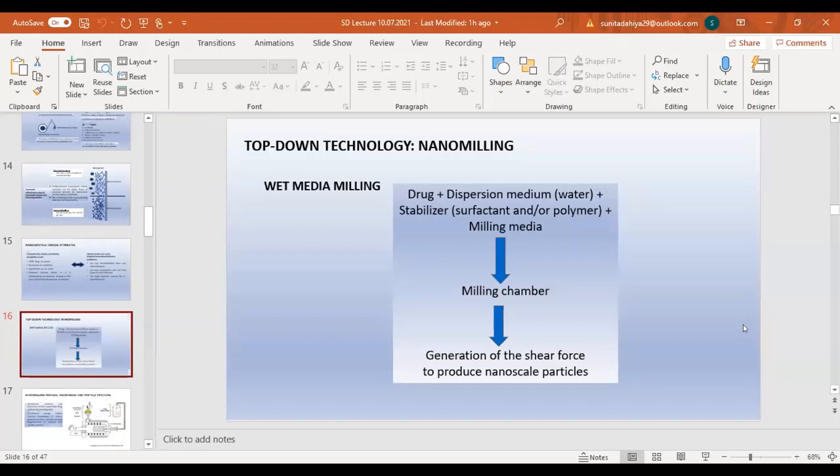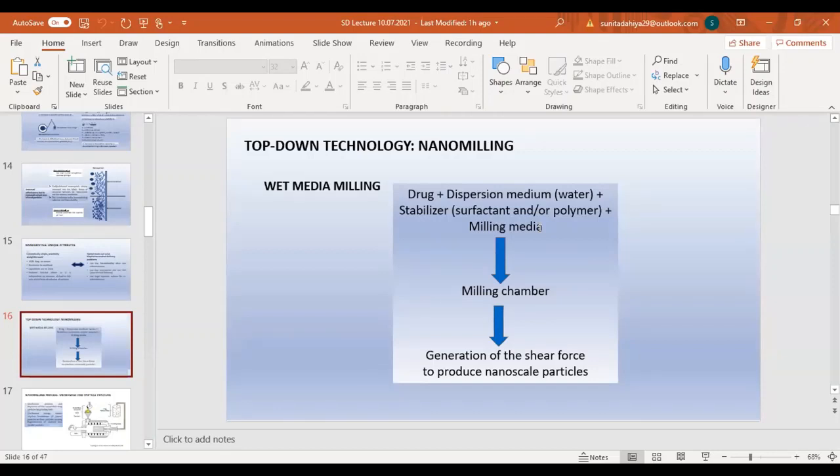So basically, in this equipment, you will have a milling chamber which will contain the drug, the dispersion medium, which is usually water, and the stabilizer, and milling media, that means various sizes of beads. You might have heard about ball mills, right? So you can say that this is a much more advanced version of ball milling. There is so much advancement in the beads or the media used for size reduction in this mill.